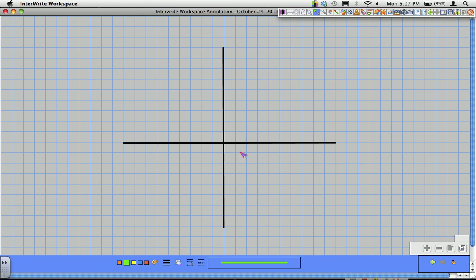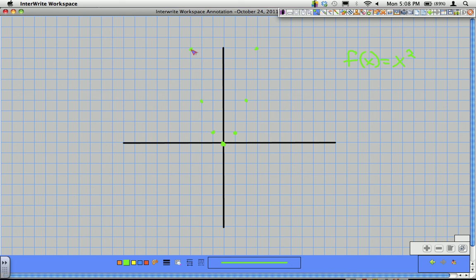The parent function for a quadratic is f of x or y equals x squared, where our a value is 1. So a couple of these values: 0, 0; 1, 1; 2, 4; and then their mirror images on this side, negative 1, 1; negative 2, 4. And we can take this up a little bit further if we want to and go to 3, 9, and negative 3, 9 is its mirror image.